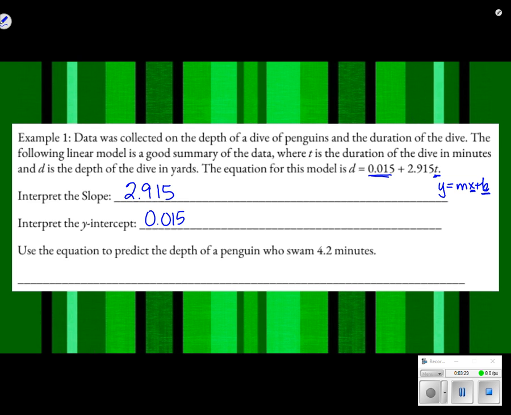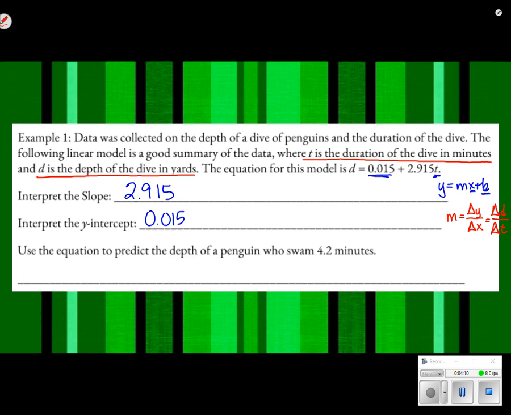So the question is, what is going on in the problem? We know that we have two variables. We have t being the duration of the dive in minutes, and d being the depth of the dive in yards. So we are looking at slope being a rate of change. And when we look at slope being a rate of change, we always look at slope being change in y over change in x. But we don't have y's and x's here. We have t's and d's. So this is really change in d over change in t.